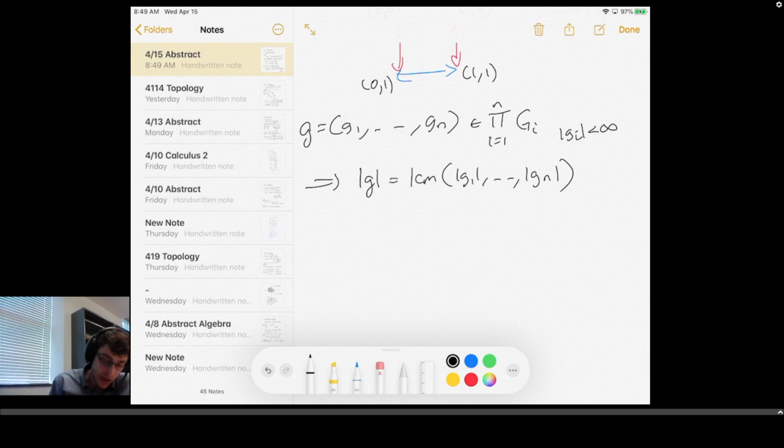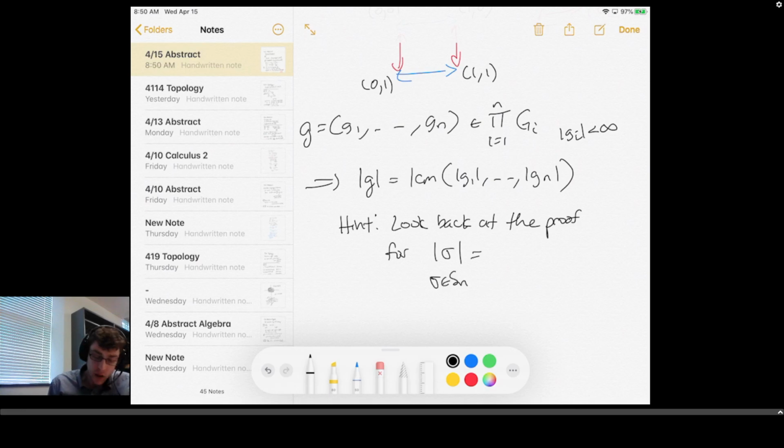My hint here is to look back at the proof for the order of sigma, where sigma was a permutation, so sigma in Sn, where this was the LCM of the orders of the disjoint cycles, right?